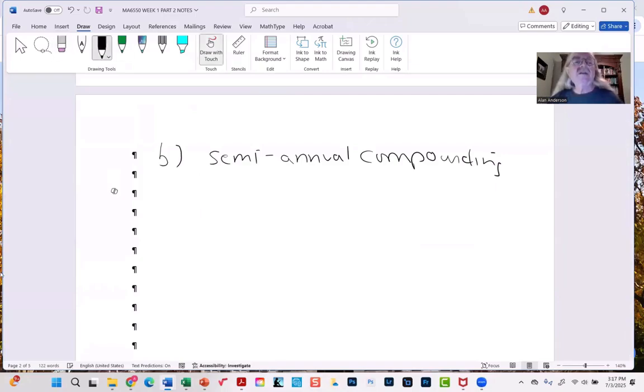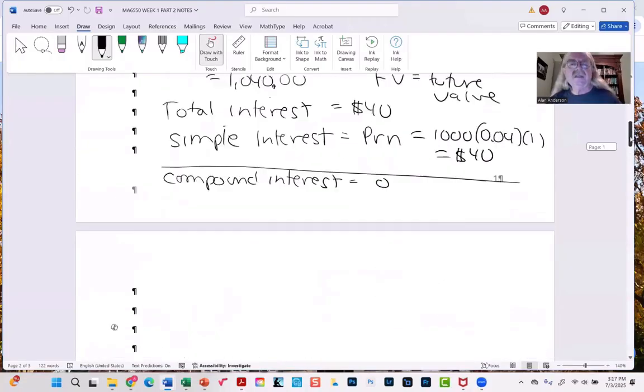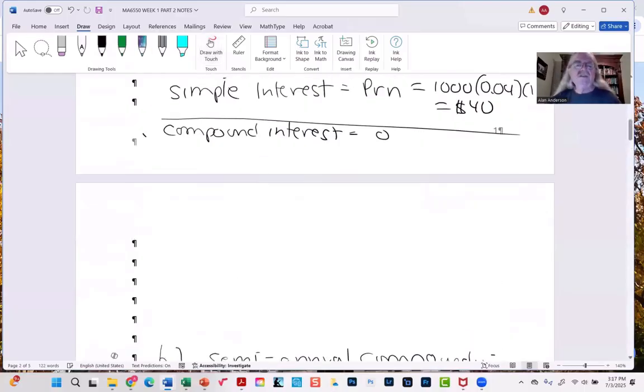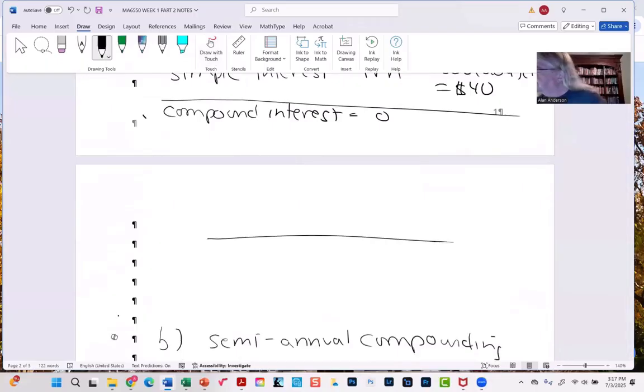Instead of having a deposit and at the end of the year receiving $40, in fact, let me sneak in a little graph here. The timeline for this problem in part A looks like this. All right, so we went from 1,000 to 1,040.